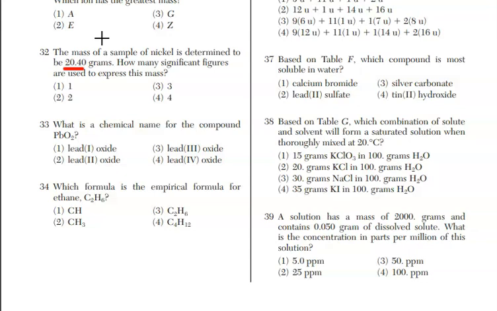Is the 0 part of the measurement, or is the 0 giving us the magnitude, how big or how small the number is? And I can tell you a simple rule: if you have any number greater than 1 and you have a decimal, you count them all. In this case, 20.40 means all of them are significant, which is choice 4.